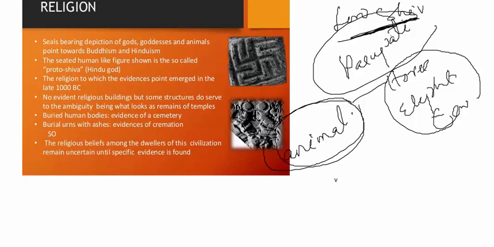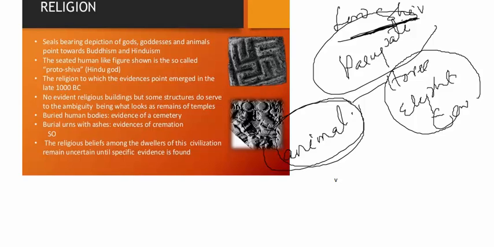So in these lines it is written, seals bearing depiction of god, goddess and animals point towards Buddhism and Hinduism. But I will say that in this type of civilization, there was no such specification of god and goddess. Later on, after the discovery of sites in India, Pakistan and other parts of Afghanistan, we related them to Hindu gods and goddesses, but actually it was secular in nature.